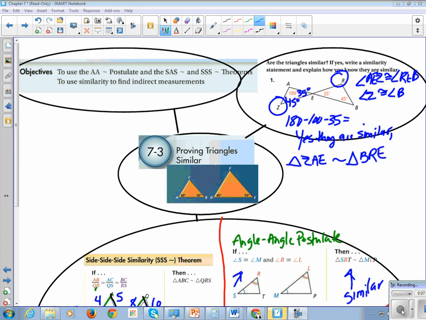E is its own buddy. Oh, cute. Okay, yes, they are similar. Triangle ZAE is similar to triangle BRE. And explain how you know they are similar. By the angle-angle postulate. I think there's an angle similarity postulate.